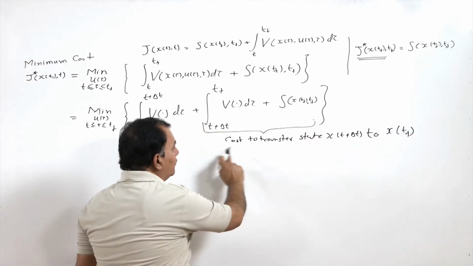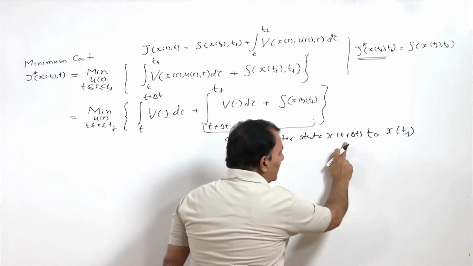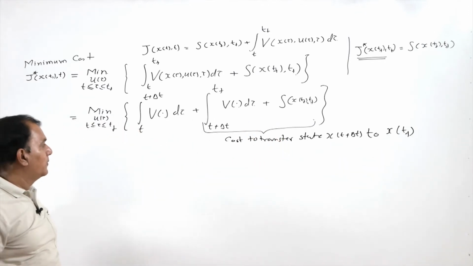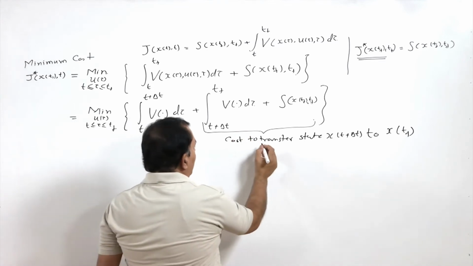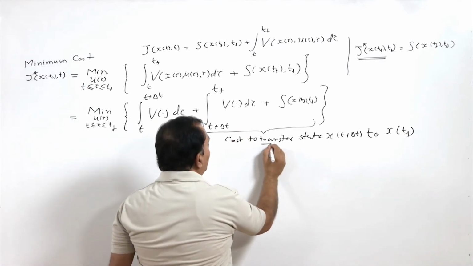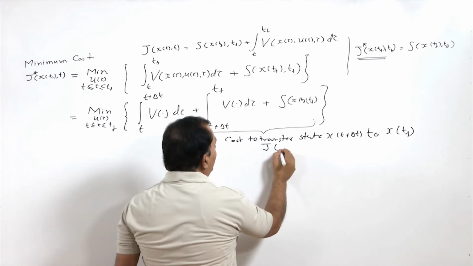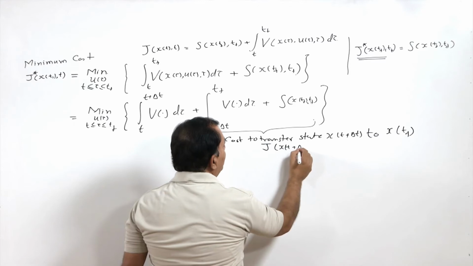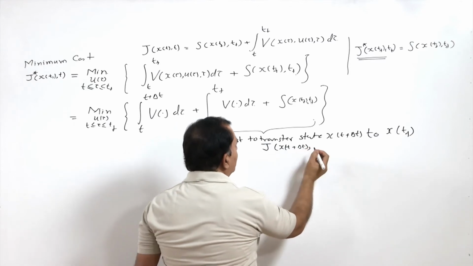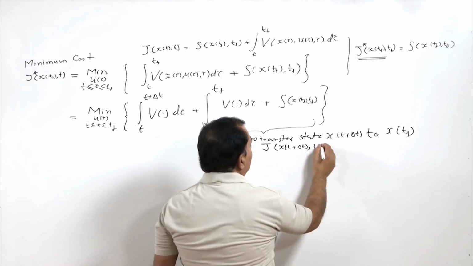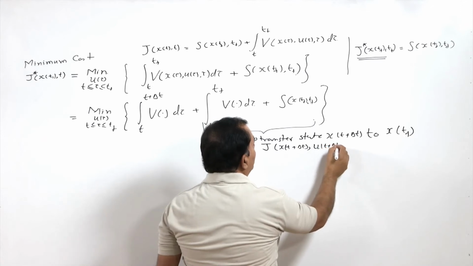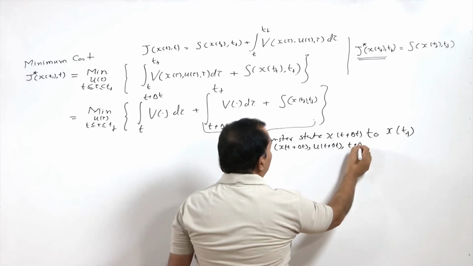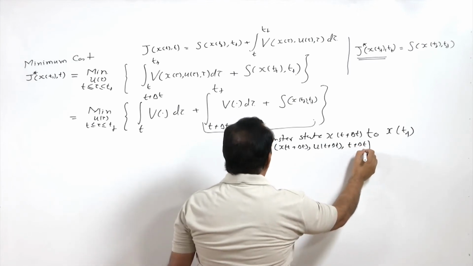So, this is my cost to transfer the state from this point x of t plus delta t to x of t f. And this is nothing but my J of x of t plus delta t, u of t plus delta t, and t plus delta t.